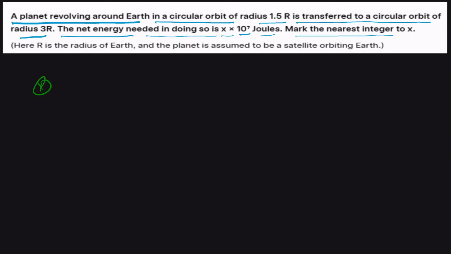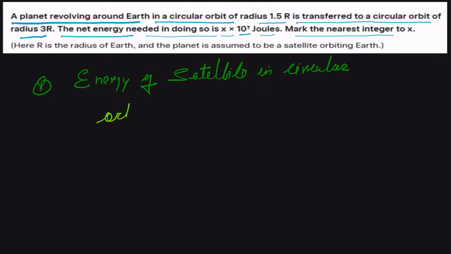We can say that the energy of a satellite in a circular orbit, let us call that energy E, will be equal to minus GMm upon 2R.